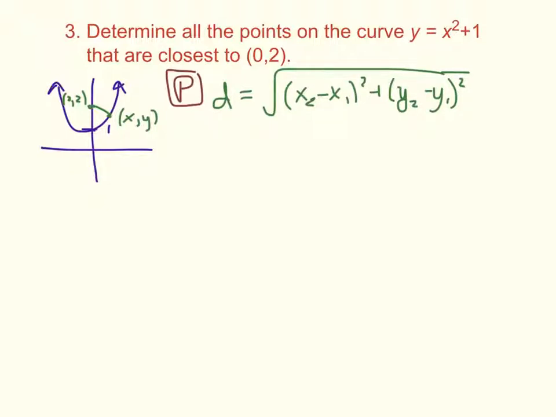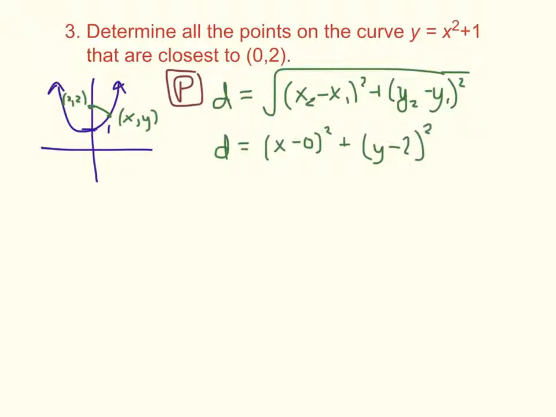And so because of that, we're able to use a little bit of a shortcut and write this formula without the square root. Okay, so I'm going to use the distance formula, but I'm going to ignore the square root. So I'm doing the distance between the point 0, 2 and x, y. So I would have x minus 0, quantity squared, plus y minus 2, quantity squared.